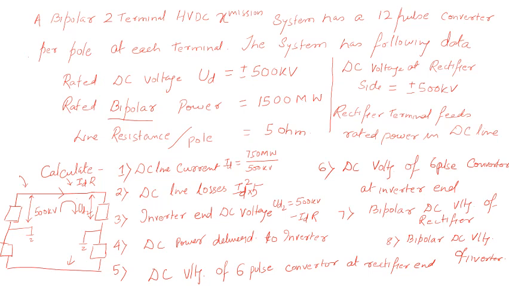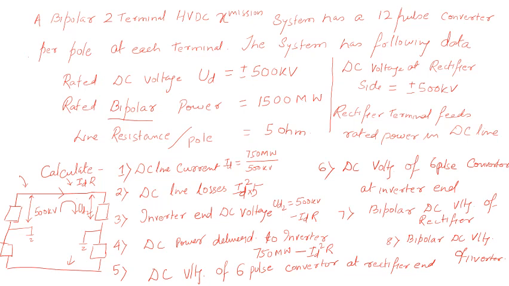Now DC power delivered to the inverter side. Now you can calculate how much delivery is done. For a monopole, I'm just focusing on the monopole side. The total power that is generated is 750 megawatt, coming from the monopole, and then there will be a loss in one pole. One pole loss is ID square into R. So this is the loss coming into the picture in one pole.